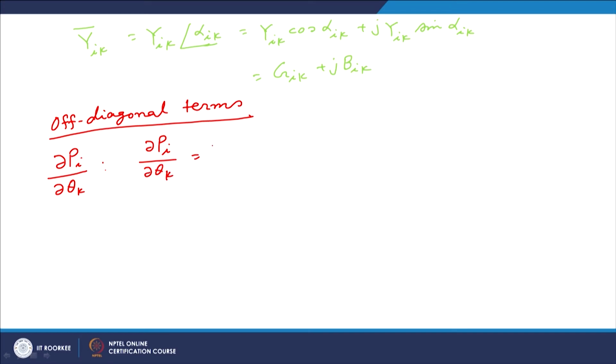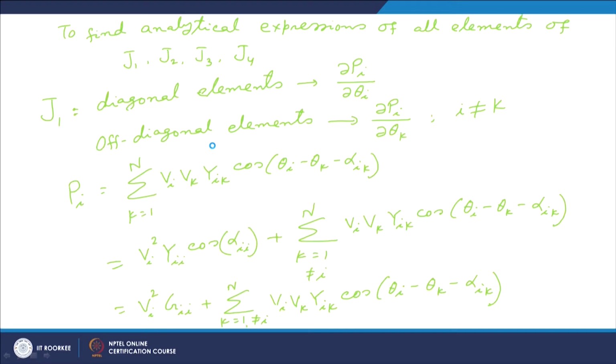What would this be? The first term has absolutely no theta k, so its partial derivative is 0, and among the summation terms only one term comes into the picture.